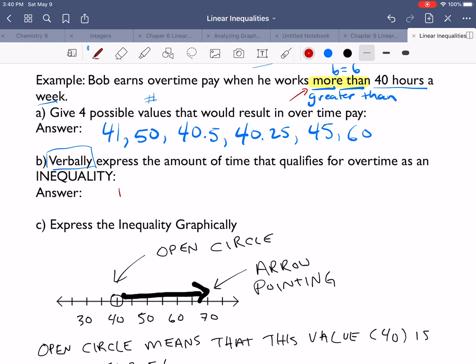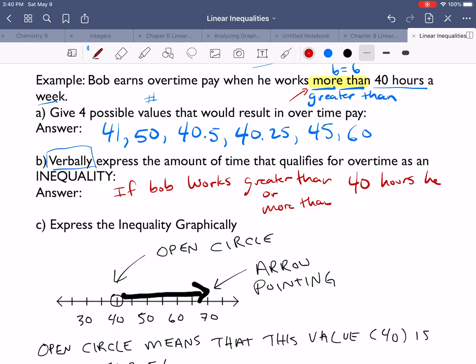So if Bob works greater than, or more than 40 hours, he qualifies for overtime. Okay, so that's verbally writing a sentence. You just write a sentence.